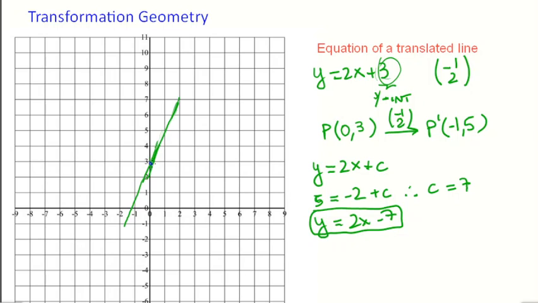It's -1, so it's 1 back and 2 up. So we have translated that line through that vector. And what would be the new line? Well, it's the same gradient and just a different y-intercept. So our y-intercept is 7, which matches with our rough drawing here, right?